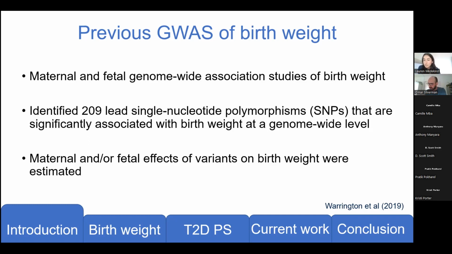And for the fetal GWAS, that was looking at the offspring's genetic information that was associated with their own birth weight. So pretty complex analysis, and it takes quite a lot of computation as well as matching mothers and offspring to be able to even conduct that. So I can't even emphasize how huge of an effort that was across all the different studies.